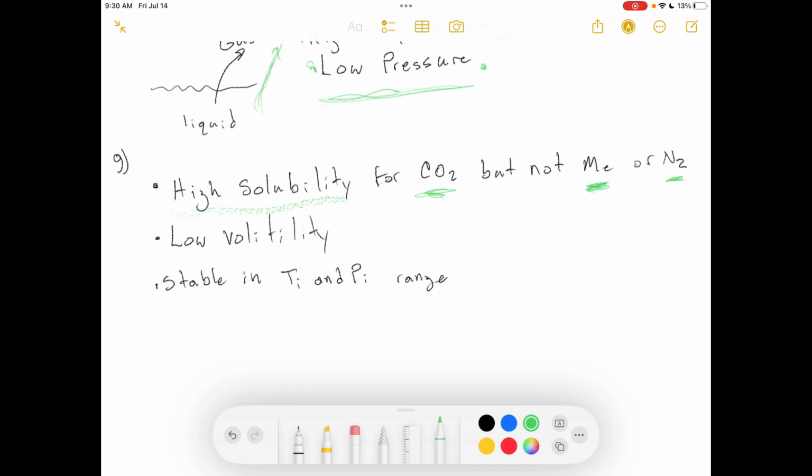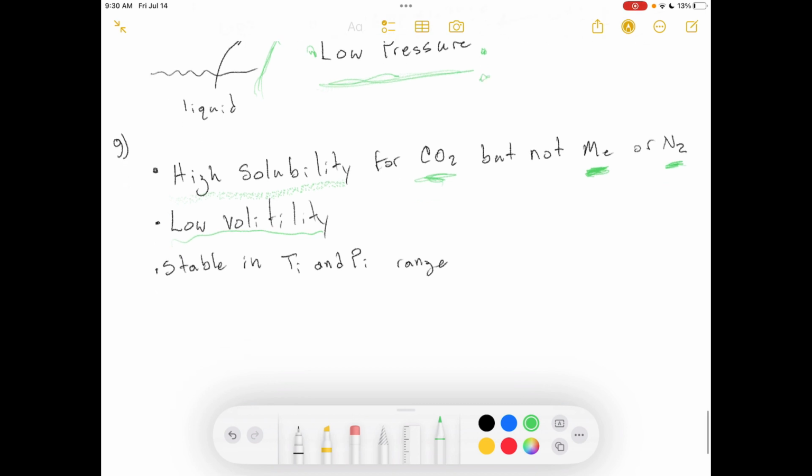Okay. Low volatility. You don't want your solvent to be separating, or off-gassing, in the different processes. Even if it's not necessarily soluble in these gases, you don't want it to have a high vapor pressure so that it's boiling off at the low pressure conditions that you've got or the high temperature conditions.